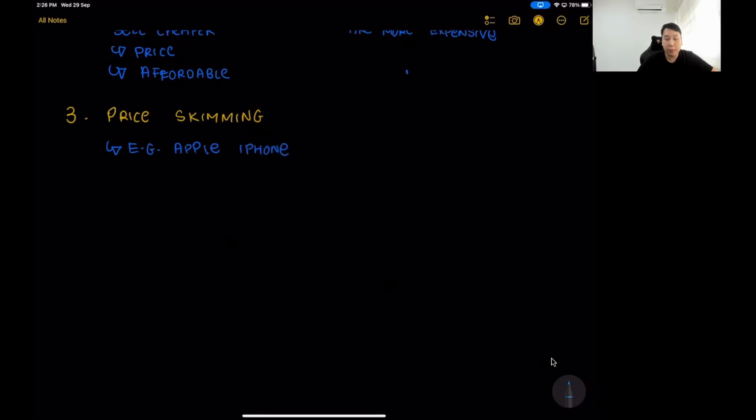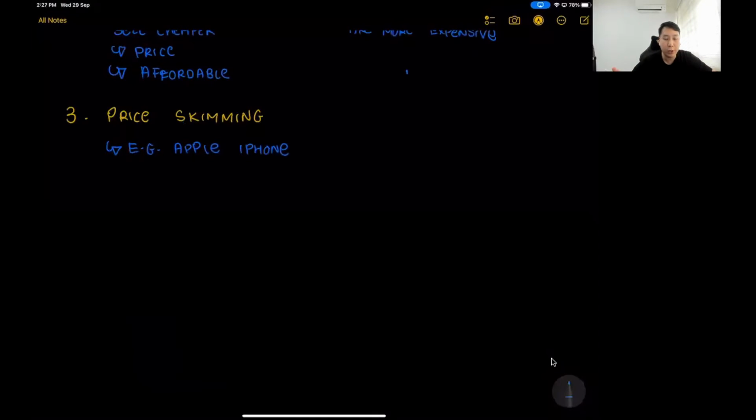Every time they launch a new iPhone, it will be more expensive, but over time, it will be cheaper and cheaper. For example, when they launch iPhone 13, iPhone 13 will command a premium. But once iPhone 13 is launched, iPhone 12 will be cheaper compared to the launch price. So over time, it will be cheaper and cheaper.